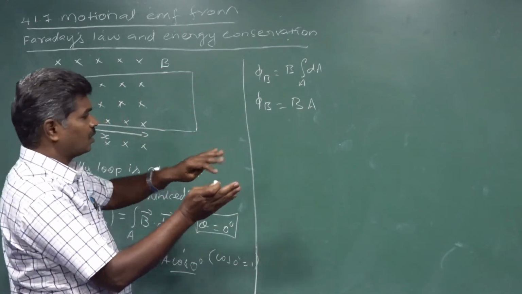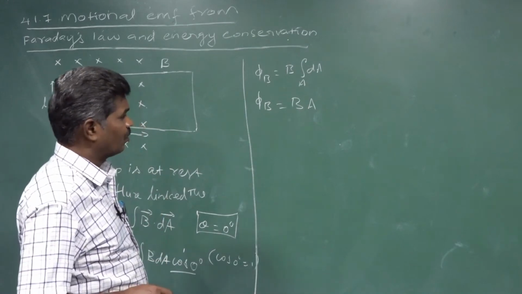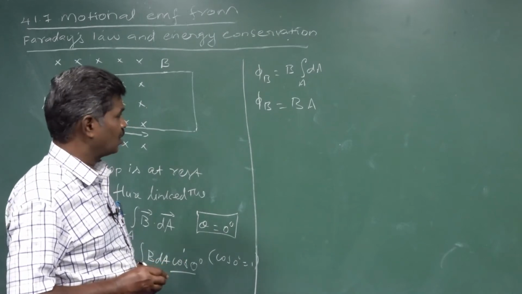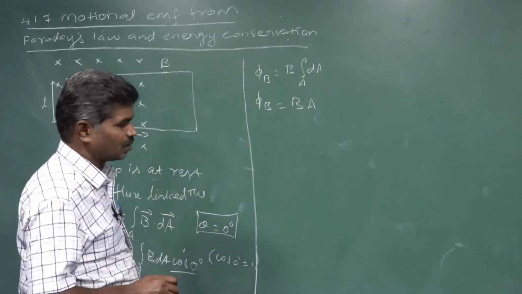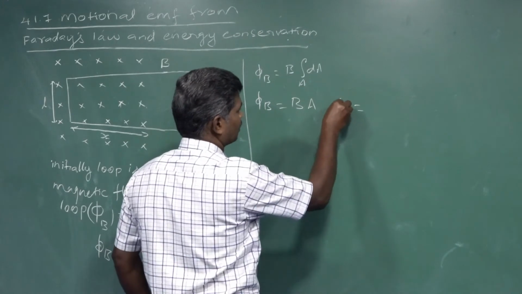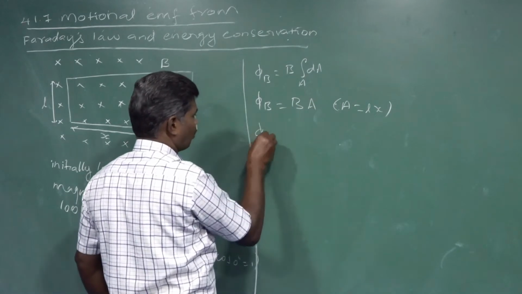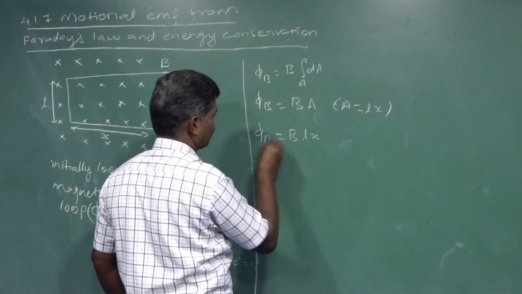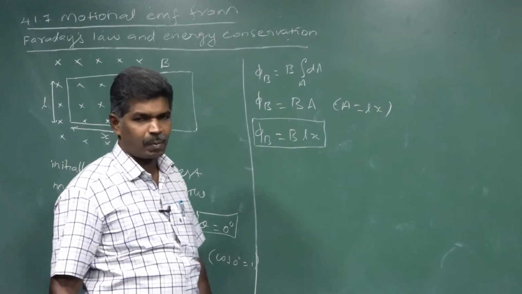The shape of the area inside the magnetic field is rectangular. We already mentioned the width of the loop is L, and the length of the loop inside the magnetic field is X. So the area A can be taken as L into X. Substituting here, phi suffix B is equal to B L X. This is the initial flux linked with the loop.